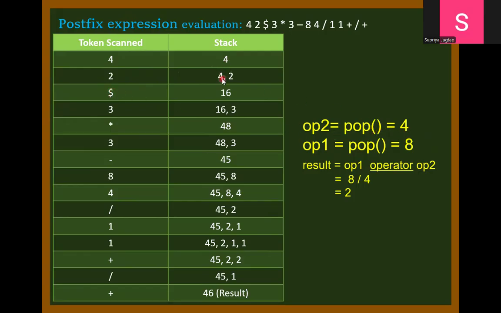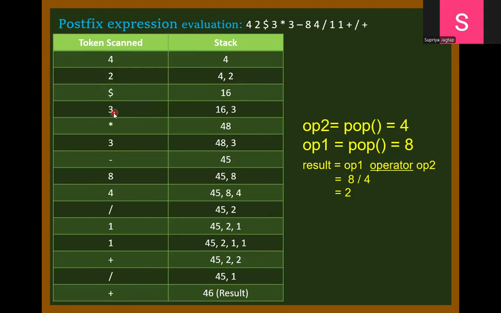So in this case, 2 will get popped first and 4 will get popped second. The first popped element we store in OP2, the second popped element we store in OP1. So 4 power 2 gives the result 16. Push that result back into the stack, so 16 goes into the stack.